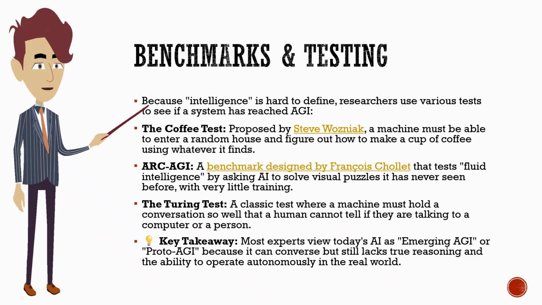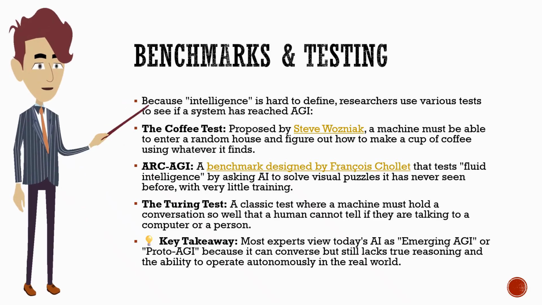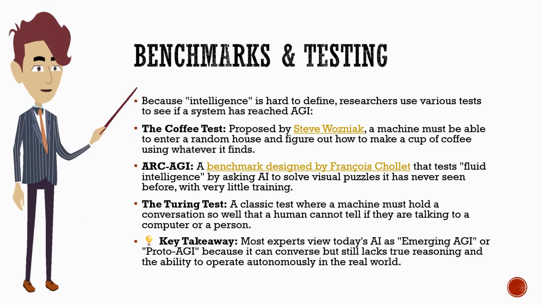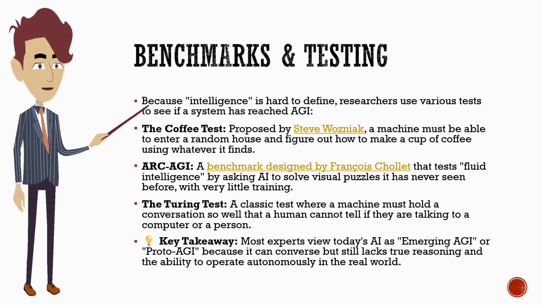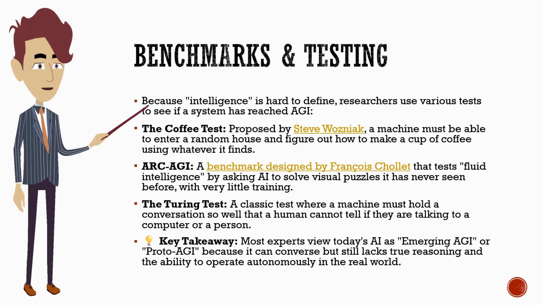So it's a kind of proto AGI, but it can converse, but it still lacks true reasoning and the ability to operate autonomously in the real world, right? We have seen it in certain environments, in certain areas, in research and everything. But when it comes to the real world, nobody knows how it will behave, right? Obviously, there will be research ongoing on that, but till now, that is still in progress, right? So these were some of the benchmarks and tests which were designed for the AGI. We'll continue with the next slide.